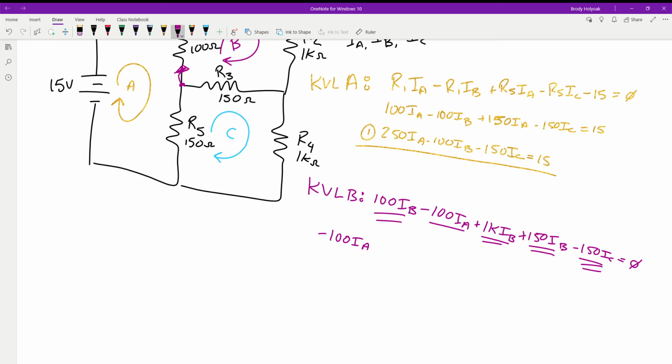That gives us a total of 1.25K IB, and then minus 150 IC equals 0. Does anybody have any questions about that?